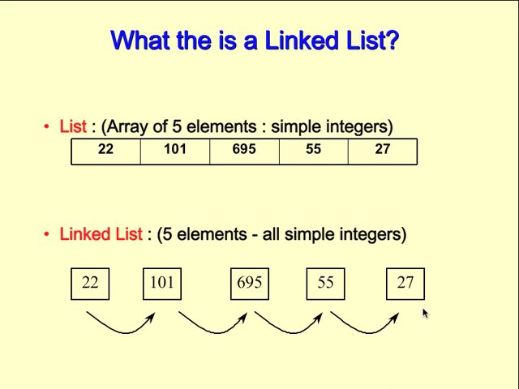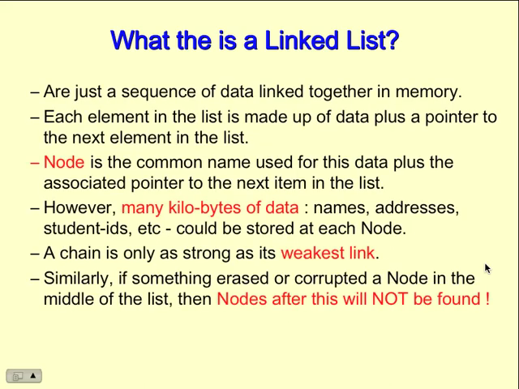This is not showing you the pointer implementation, it's just showing you 5 random spaces out there holding numbers, and it can hold the same items as an array list does. Linked lists themselves are just sequences of data that's linked together in memory using pointers. So each element in the list is made up of data plus the pointer to the next item in the list.